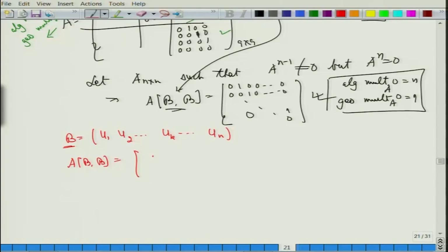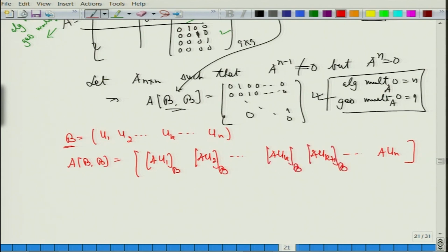So you can just look at A of U1, A of U2, A of UK, A of UK plus 1 till A of UN. Fine. But to get the matrix, we need to evaluate with respect to B. We need to find out the coordinates with respect to B. This is what you need to do.